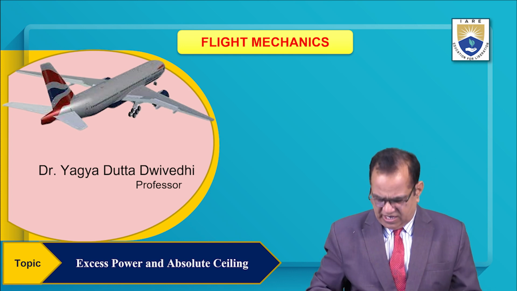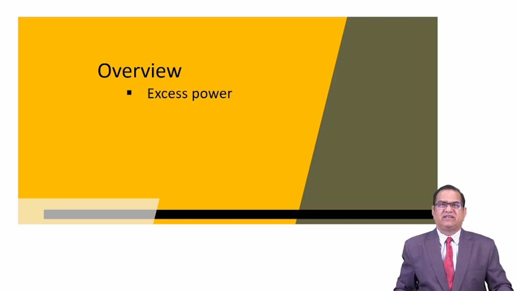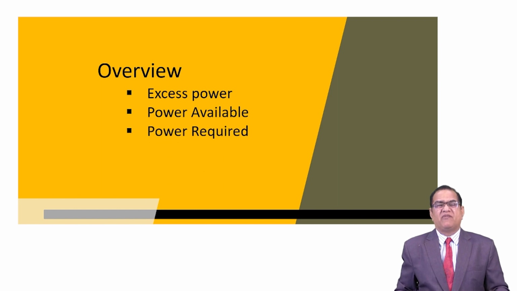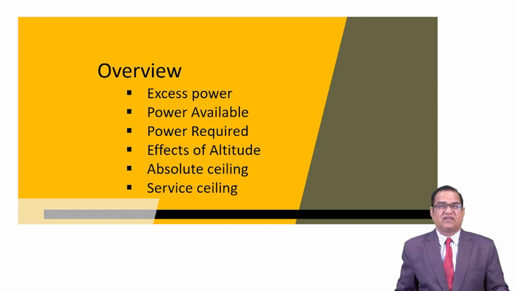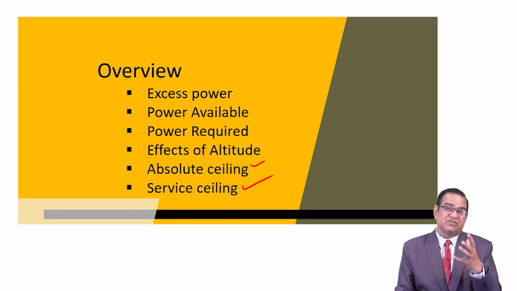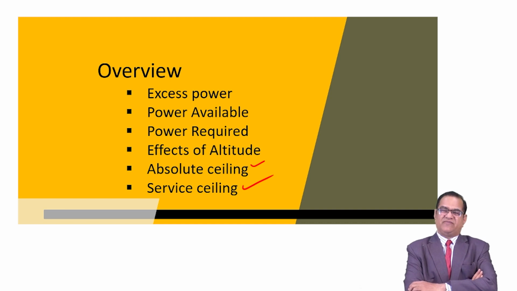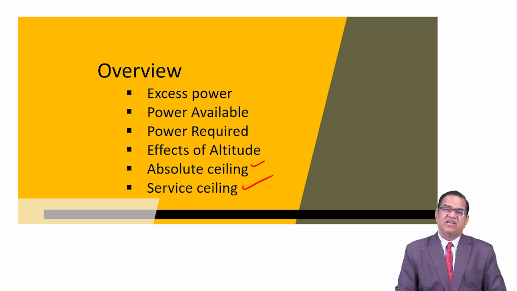We will see here the topics: excess power, power available, power required, effect of altitude, absolute ceiling, service ceiling. Very, very important to understand the concept of the service ceiling and the absolute ceiling of the aircraft, and this is directly related with the power available and the power required. Same way, if it is the jet aircraft, it is for the thrust available and the thrust required.